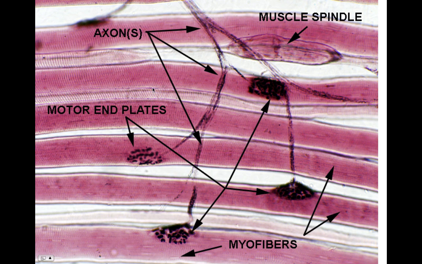Here you see the muscle fibers. Axons are carrying the information down, and where they meet the muscle fiber is going to be the neuromuscular junction. Some places will call these motor end plates.